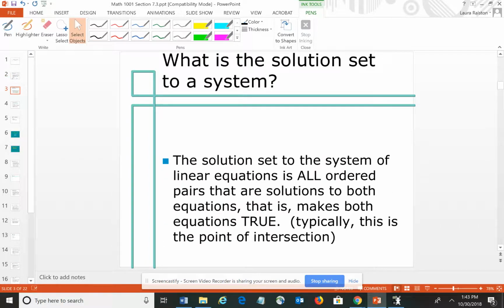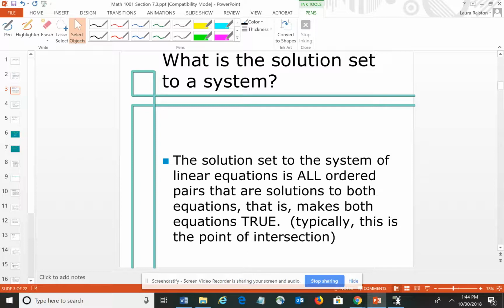When we think about the solution set to a system, we know that the solution set to just a general good old everyday equation is whatever value or values make the statement true. Well, that also holds true for a system. The solution set to the system is all the ordered pairs. It'll take two numbers, or three numbers if you have three variables, all the ordered pairs that are solutions to both equations.